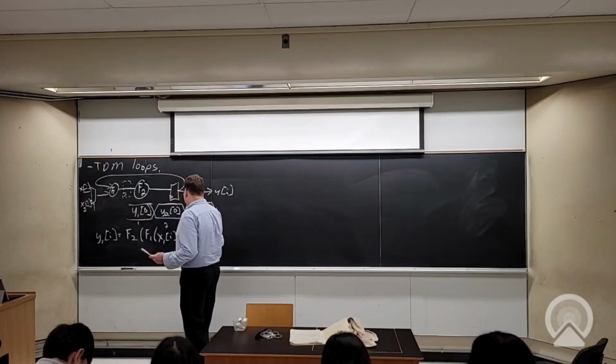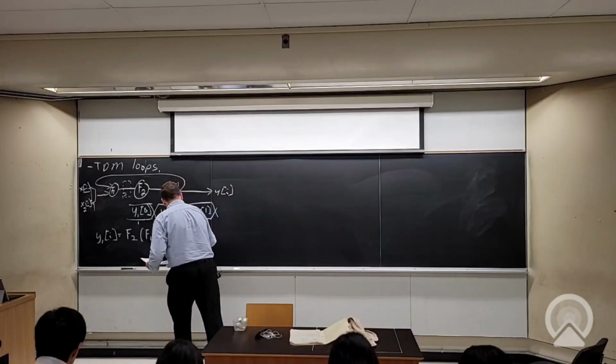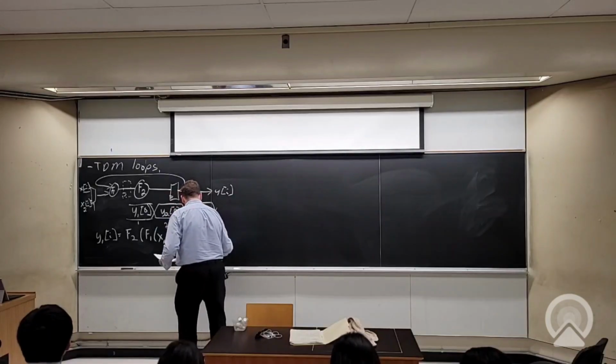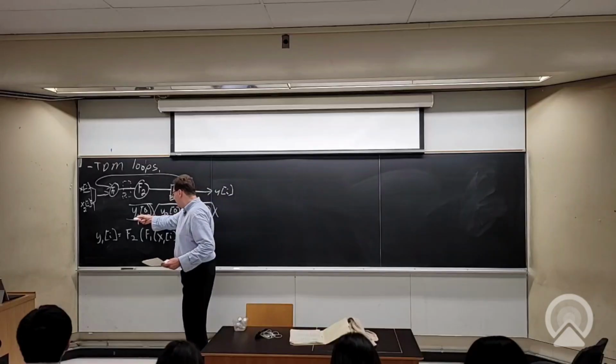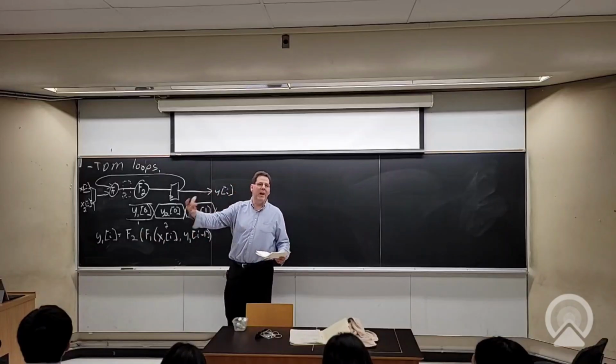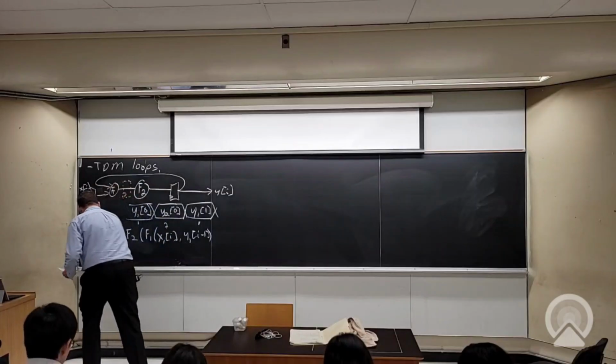The y value that came out 2 clock cycles ago is y1 of I minus 1. If I go back in this stream 2 clock cycles, I get something from y1, but one value earlier in the sequence. And that's half of my output.